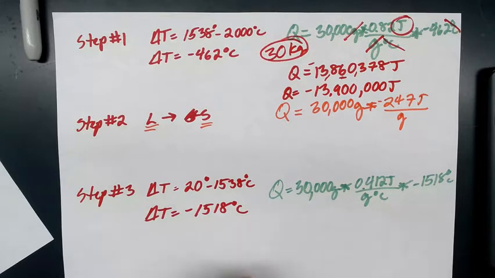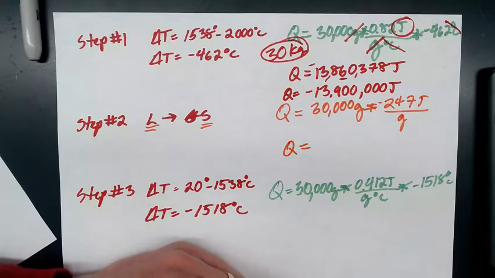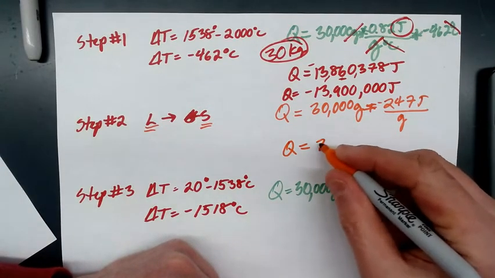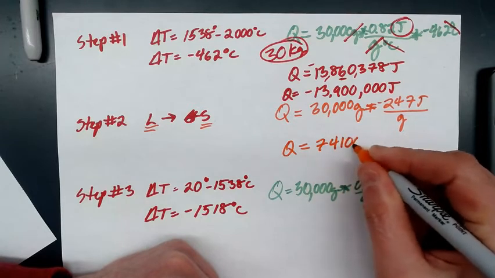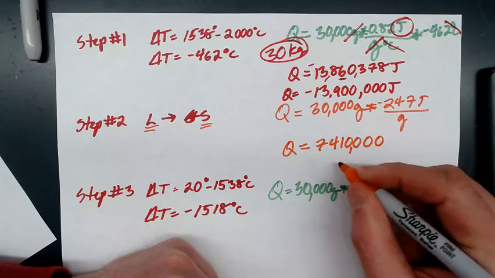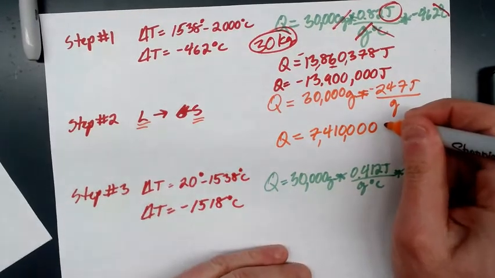The next calculation is going to be 30,000 again, and I'm going to multiply it by negative 247. In this case, Q is equal to, I'm going to take this to 3 digits again, and that's what the calculator gives me: 7,410,000 joules.